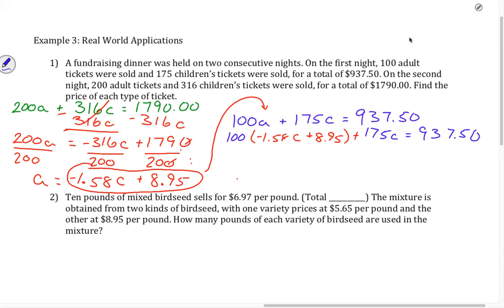All right, so I have 100 times the quantity of negative 1.58C plus 8.95, plus 175C equals $937.50. You okay with that? We're going to distribute this out, so we're going to get negative 158C plus 895 plus 175C equals 93750.